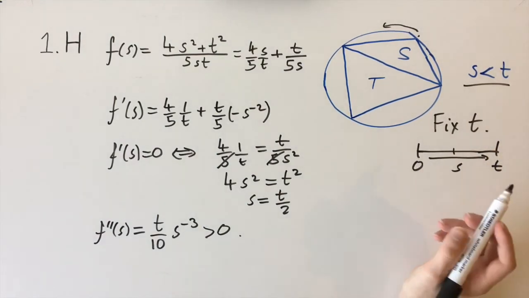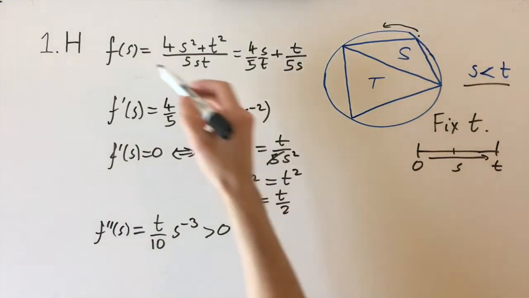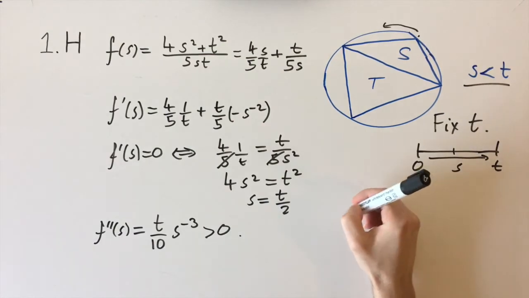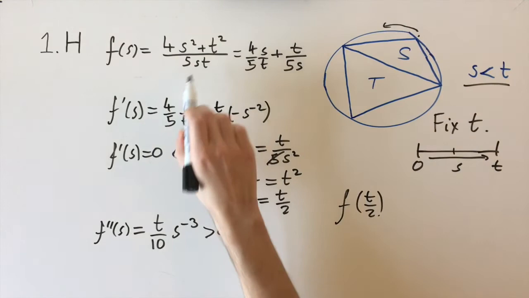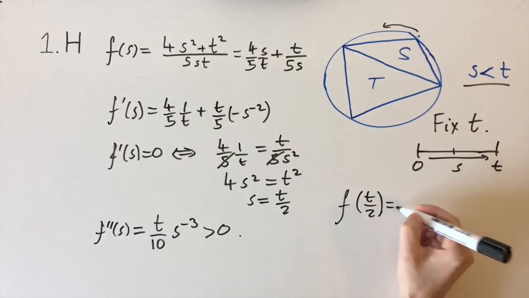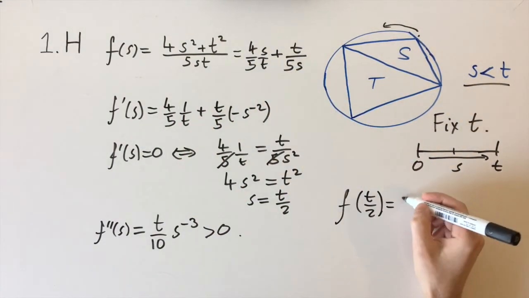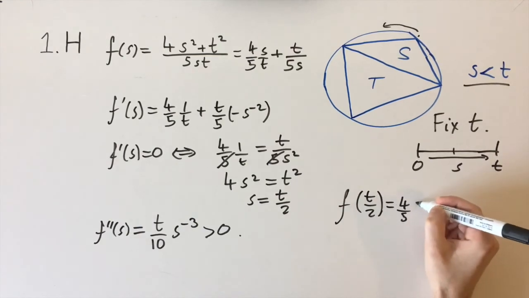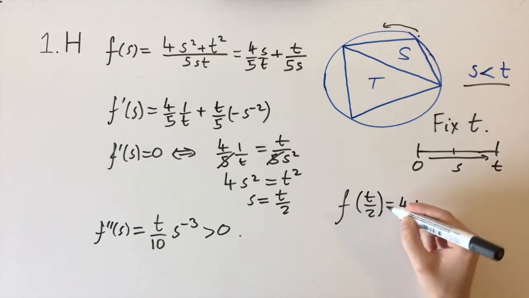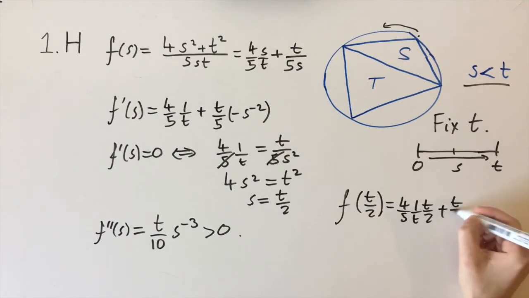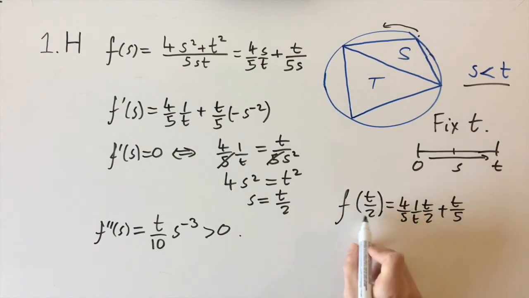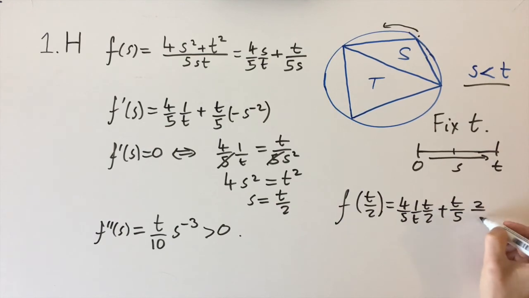What's left to do is evaluate this function at this point. So f of t over 2: wherever there's an s, we put t over 2. So 4 over 5 times 1 over t times the value of s, which is t over 2, plus t over 5 times 1 over s, which is 2 over t.